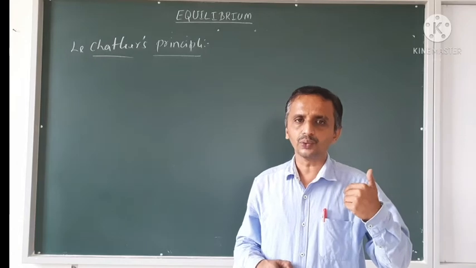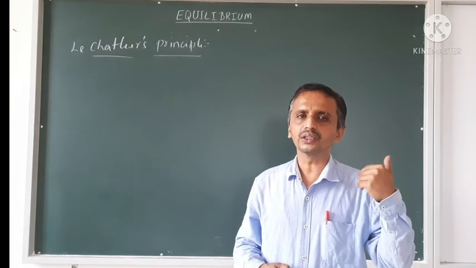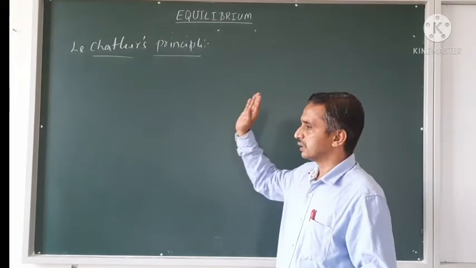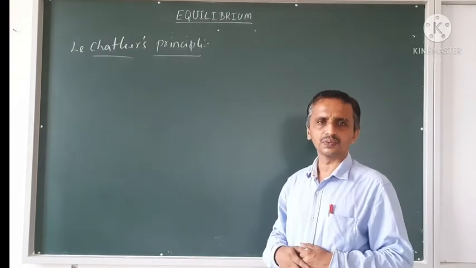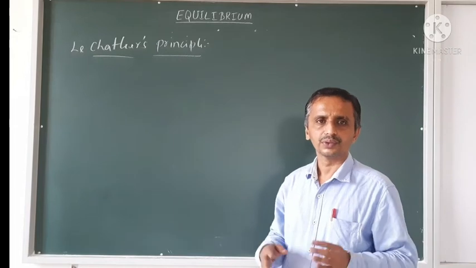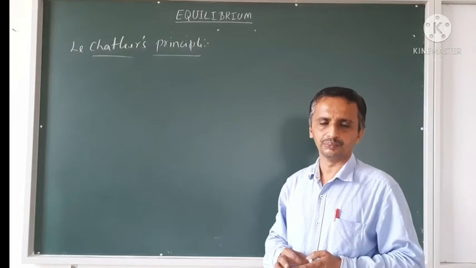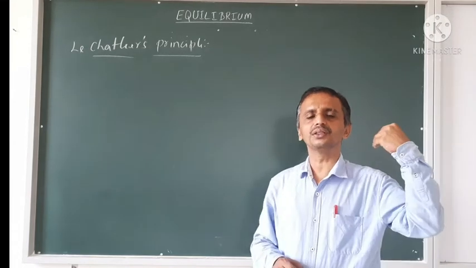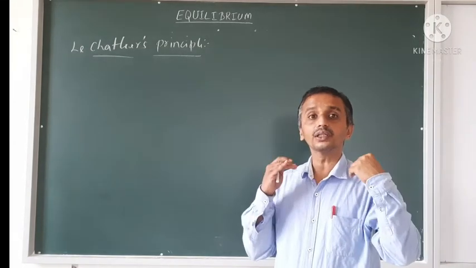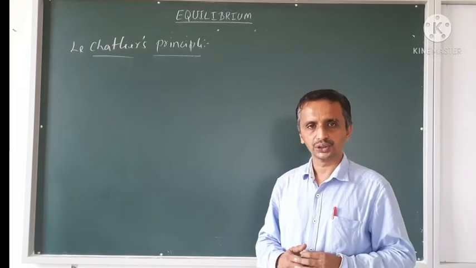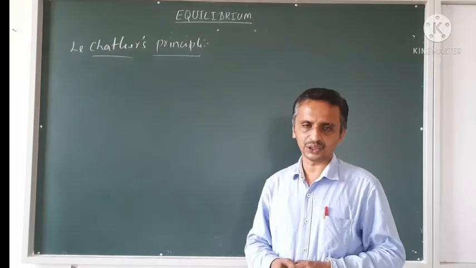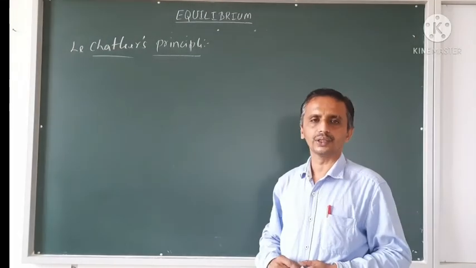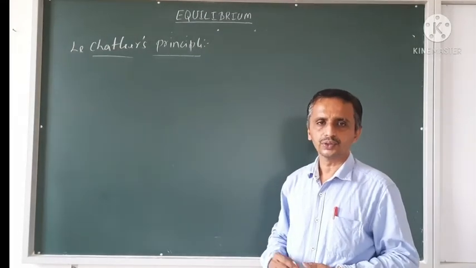Then I should know what things can affect the equilibrium, because this Le Chatelier's principle is about systematic equilibrium. So what are the factors that can change the equilibrium direction, etc.? That is also included. So we'll see first.